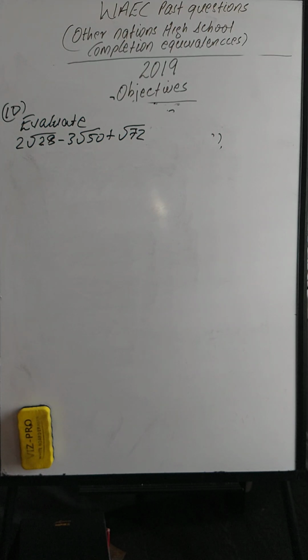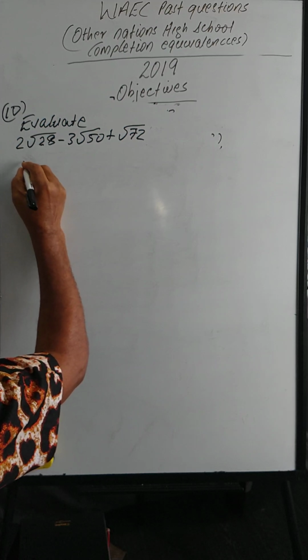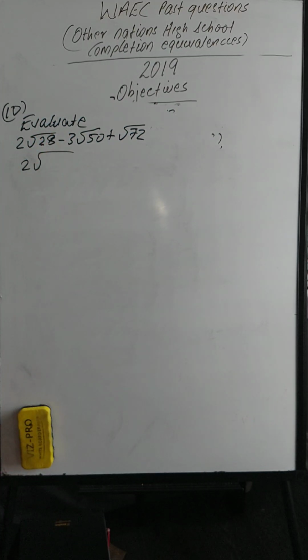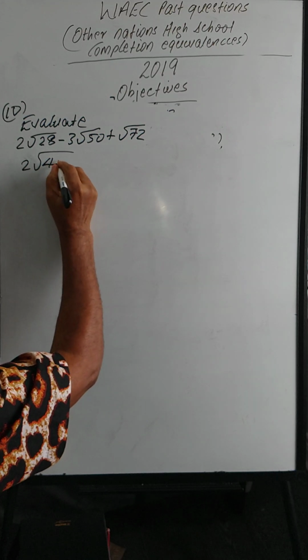We have to find the value. This will give us 2. We now break this very number into 2, where one of the 2 must be a perfect square, and that will give us 4 times 7.